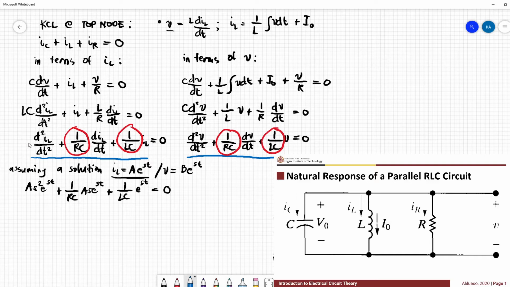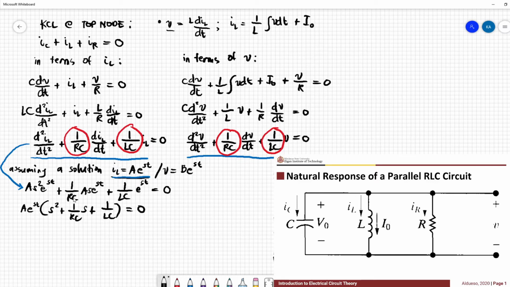Now take note that we are using this equation and this. Factoring out the A e to the st, this equation becomes s squared plus 1 over RC s plus 1 over LC equal to 0.